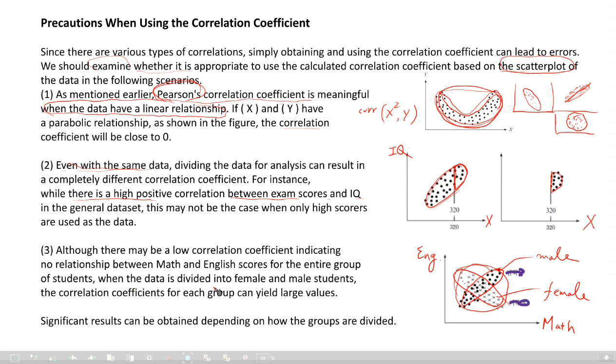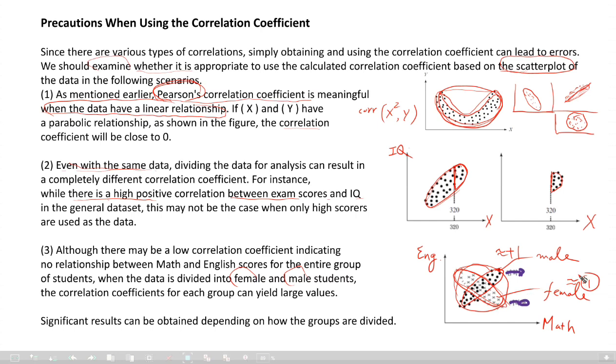When data is divided into female and male students, the correlation coefficient for each group can yield large values. This is close to +1. This group, the female group, shows you a -1 relationship. You understand that?